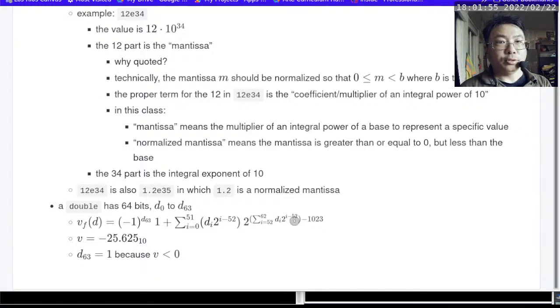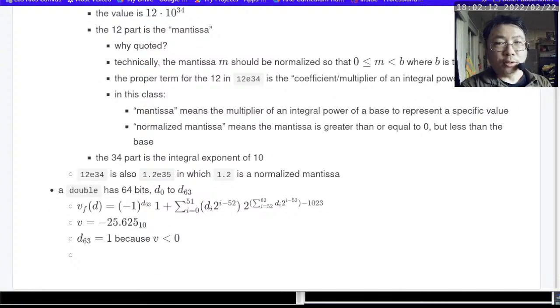Okay, that looks pretty darn nasty, right? So we're not going to be intimidated by how nasty this looks. We will proceed to do the normal base conversion after we just take the absolute value of v. So now we look at 25.625 in base 10.